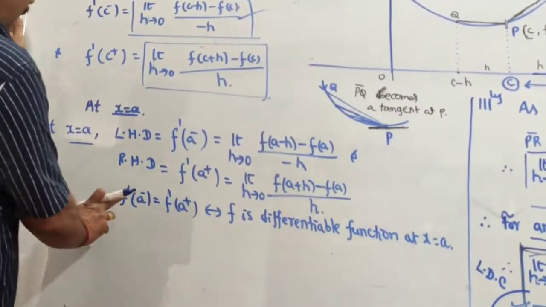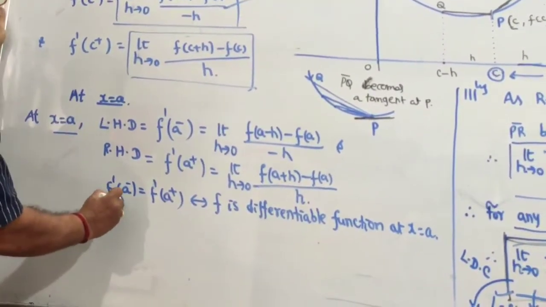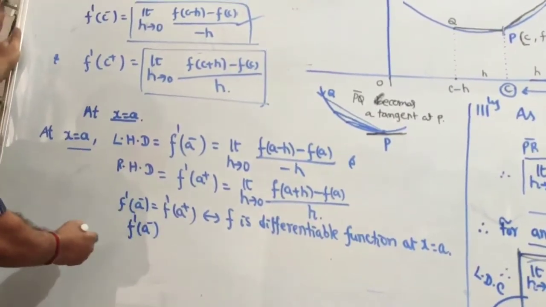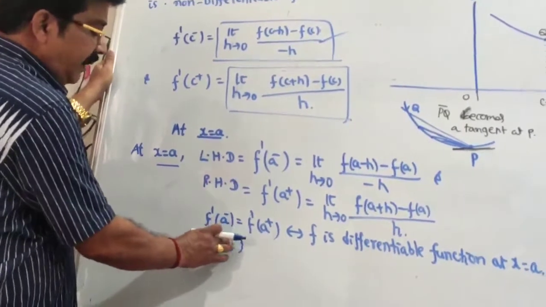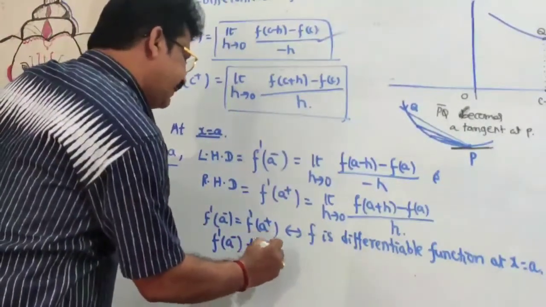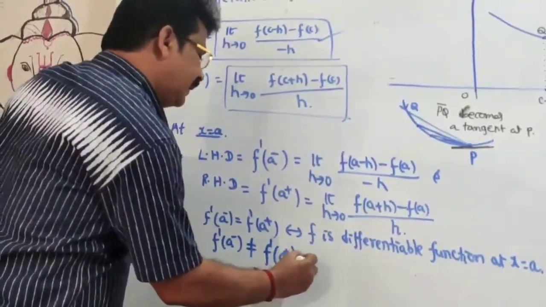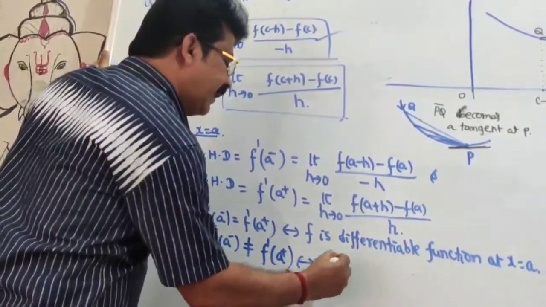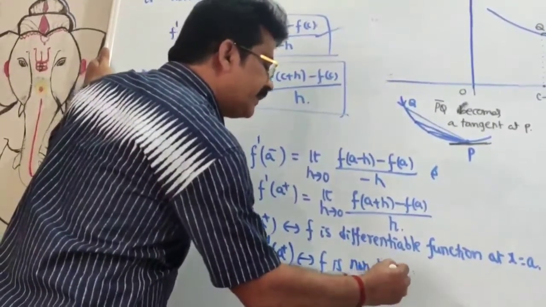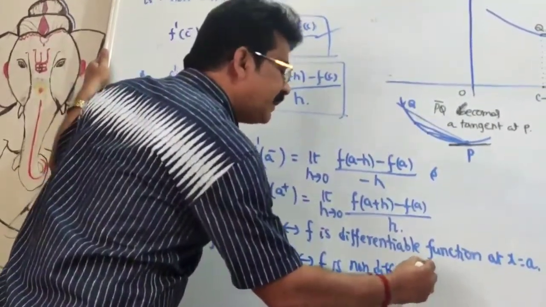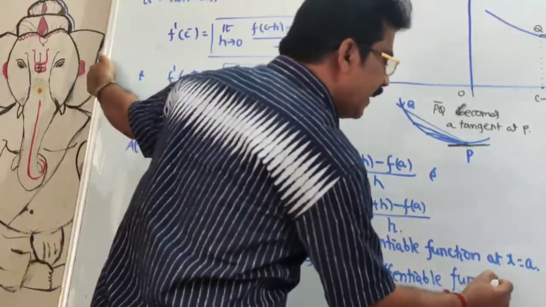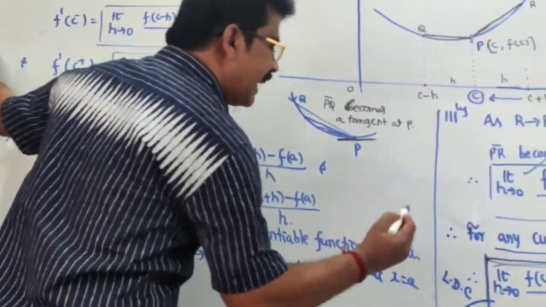That is, if f dash of a minus, mind it, minus stands for the direction only, meaning reading from the left, is not equal to f dash of a plus, then f is a non-differentiable function at x equals a.